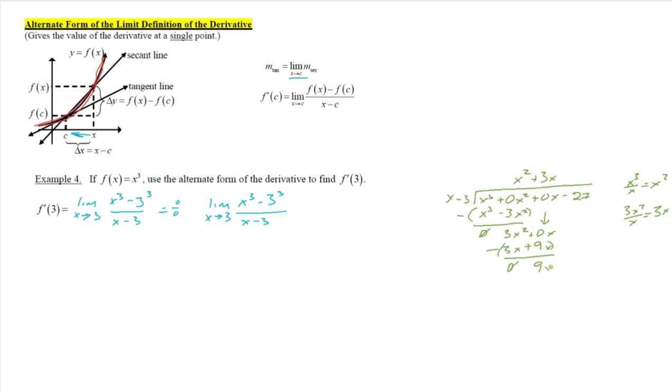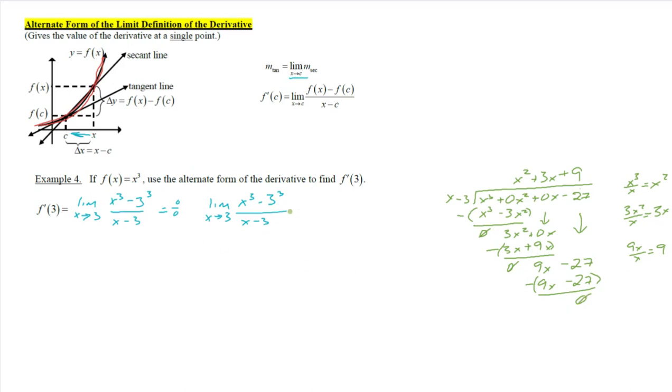So we end up with a 9x minus 27, because this comes down. 9x divided by x is going to give us 9. And so that goes up here. It is a positive 9. So this becomes 9 times x, or 9x, minus 9 times 3, or 27. And so when this subtracts out, we're left with nothing.